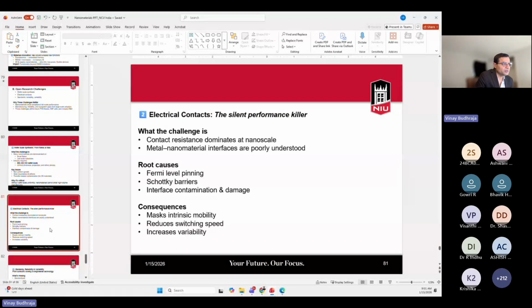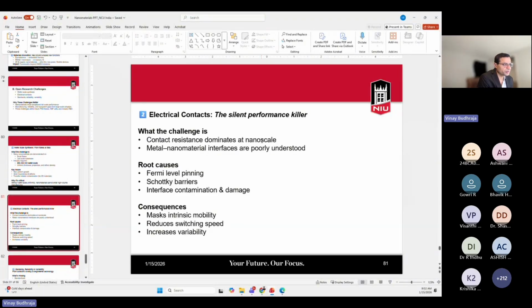Next is the electrical contacts. It is the silent performance killer. The challenge is contact resistance dominates at the nanoscale. When you shrink the size, the contact resistance is highly affected at the interfaces such as semiconductor-dielectric and semiconductor-metal, and the metal-nanomaterial interfaces are poorly understood.